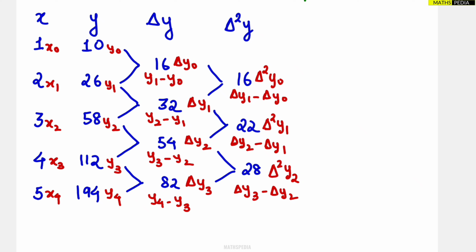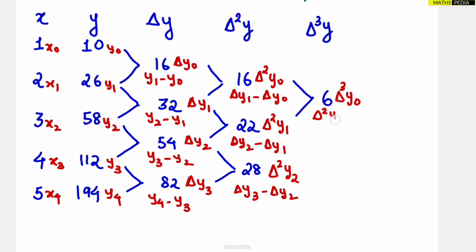Now next difference we have to go, that is the third forward difference, which is delta cube y. So how much will be calculated? See, here it has been reduced to 3 values. Now it will reduce to 2 values. So let us see what 2 values we are getting. So 16 and 22. So 22 minus 16 is 6, which is represented by delta cube y naught.